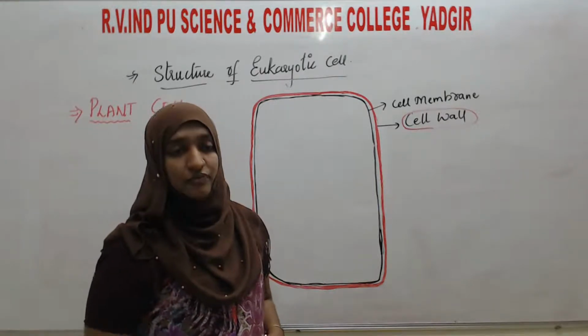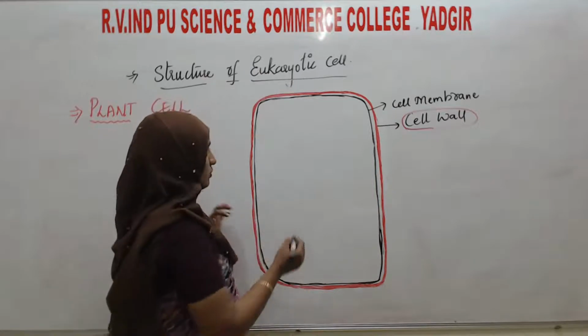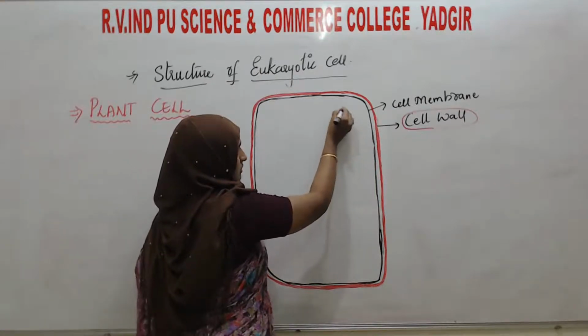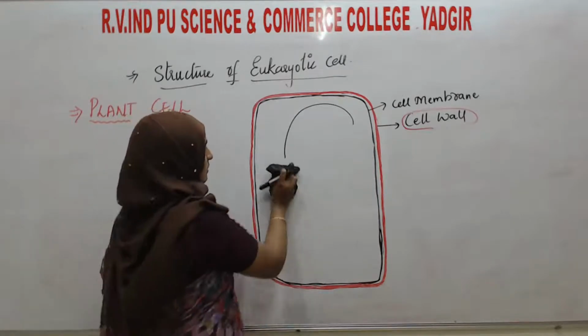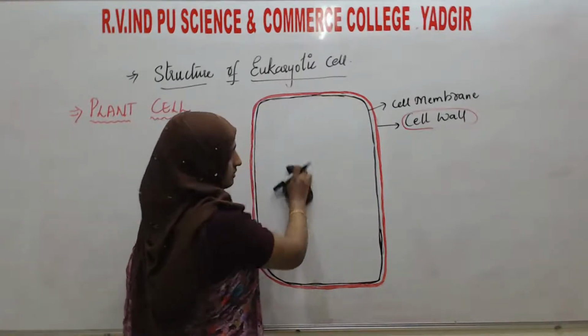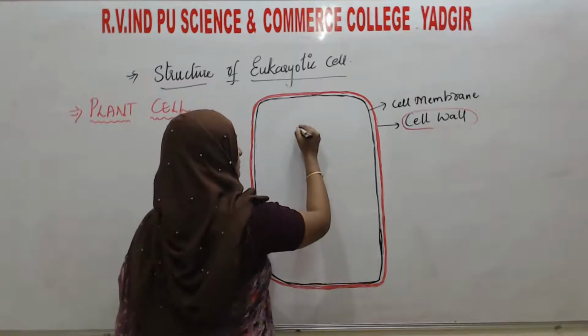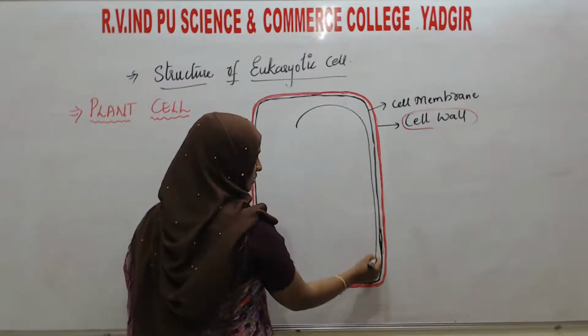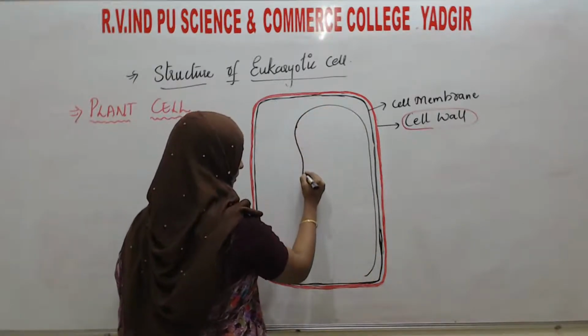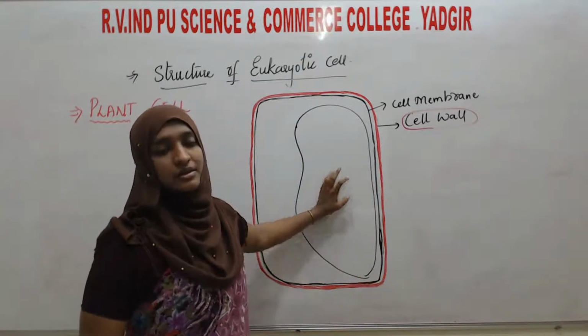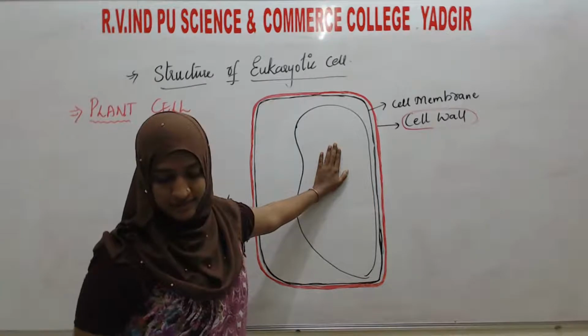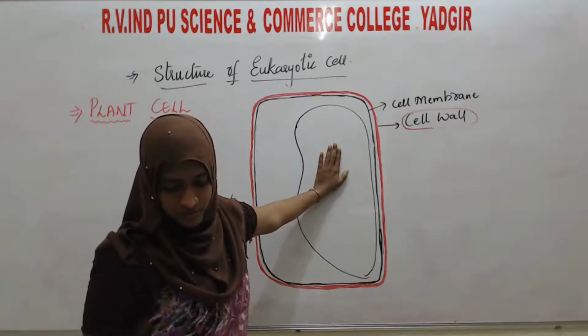Okay. So here, what is it? A presence of a large vacuole which occupies around 90% space of the cell. That is the vacuole.